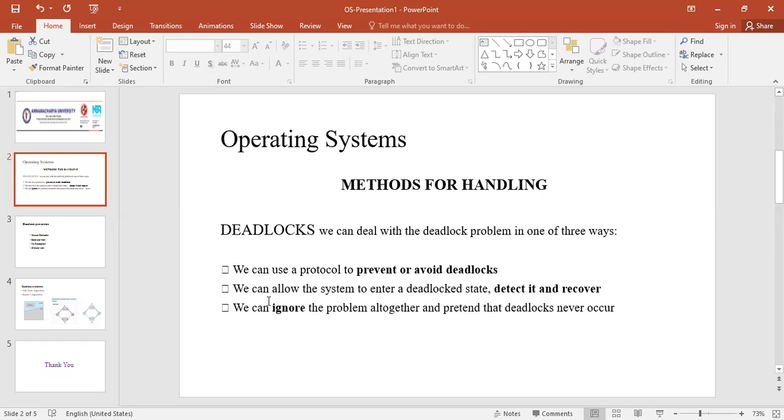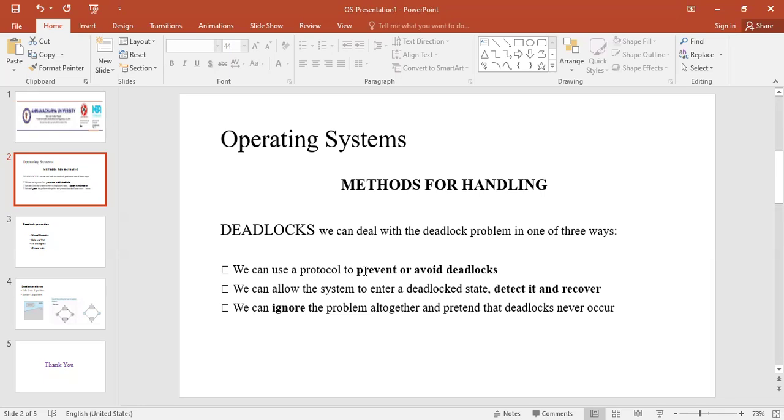For the first point, preventing or avoiding deadlocks, we ensure that the system will never enter the deadlock state. We can take as an example, if we are getting a fever, at that time we take some precautions to avoid suffering with fever.